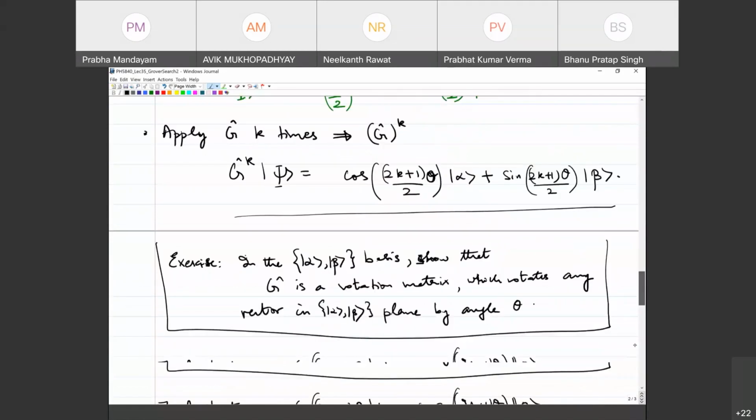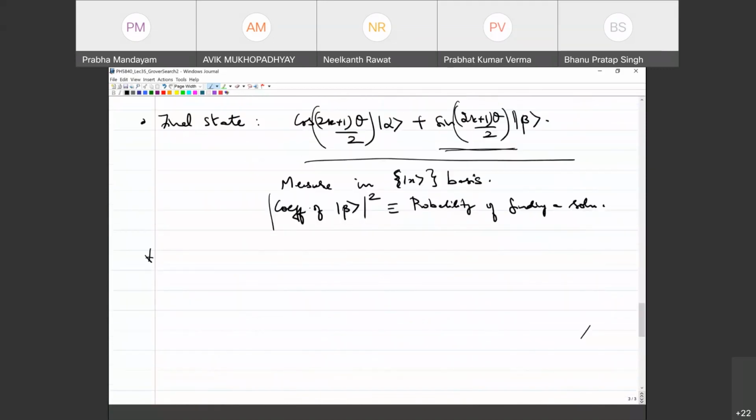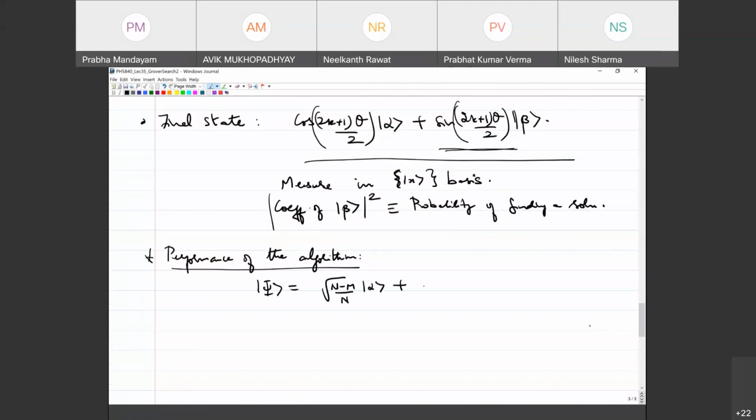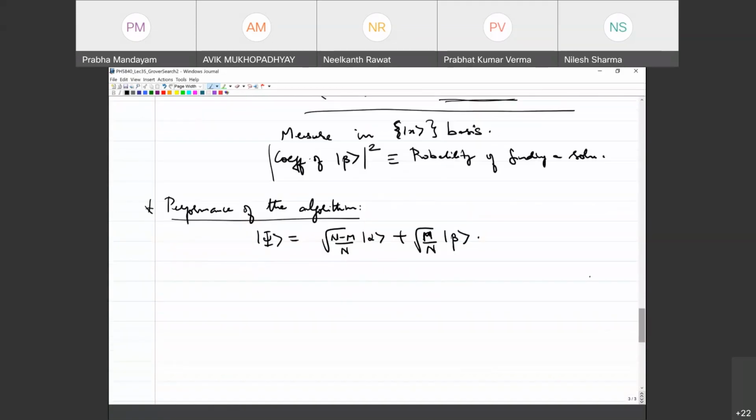So let's now look at the performance of the algorithm. Pi by 2 minus theta by 2. Okay, so I have psi as square root of (n minus m) over n alpha plus square root of m over n beta. This is where I'm starting, right? This expansion is basically telling me how far away the uniform superposition state is from the set of solutions, effectively, right?